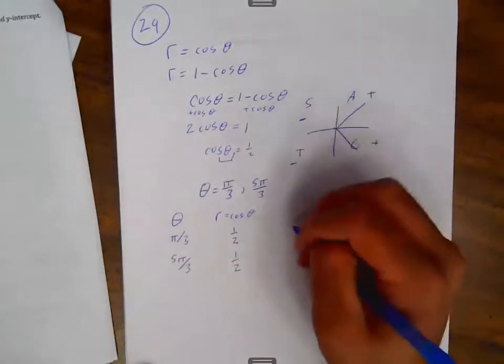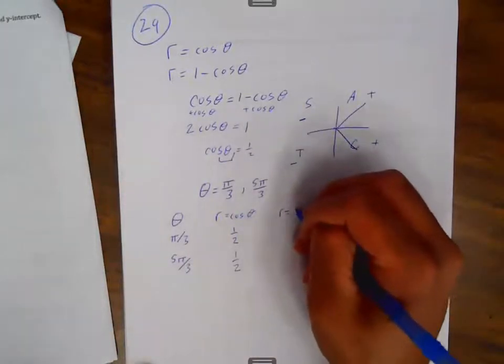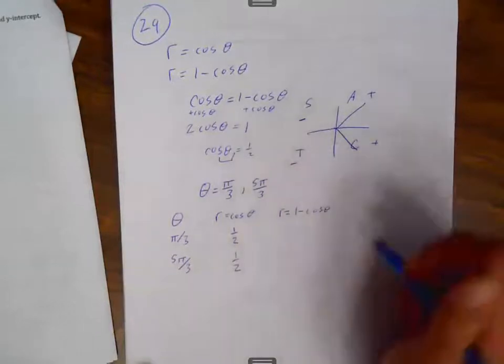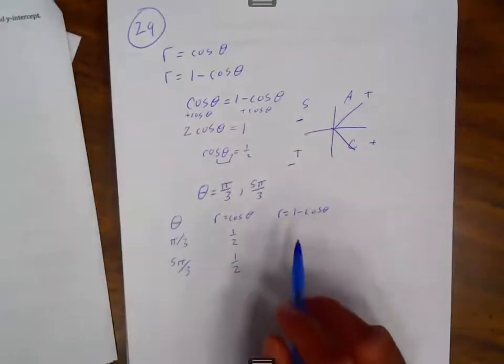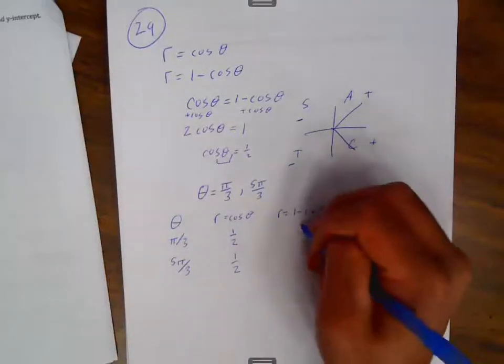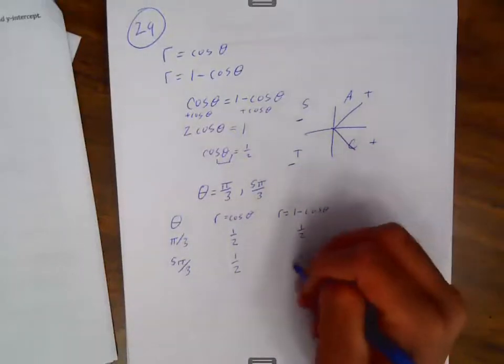We want to make sure these aren't the same points for the other equation. So 1 minus 1/2 would also be 1/2, and same thing here.